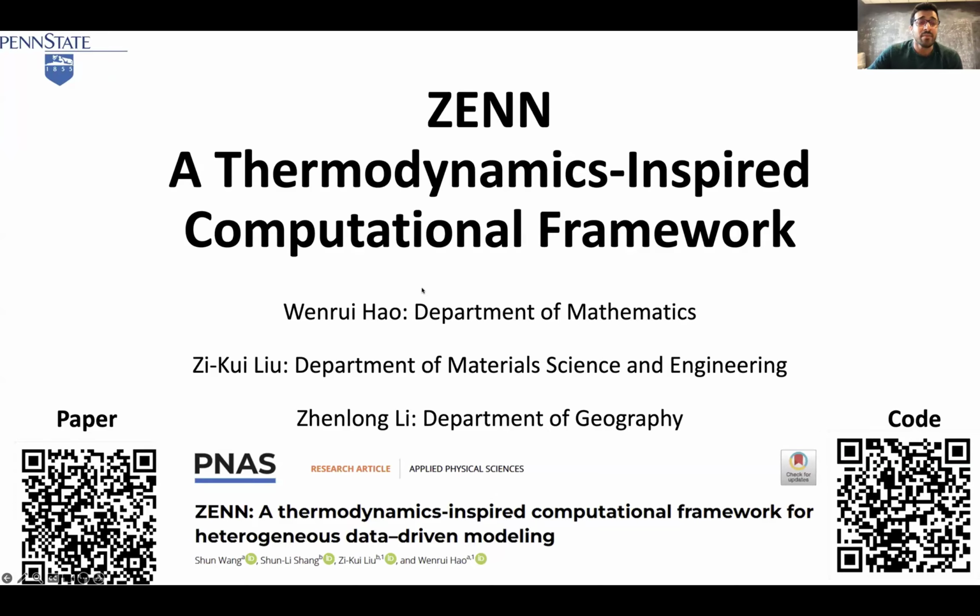All right. Moving to the next talk, we have 3 speakers presenting the work ZENN, a thermodynamics-inspired computational framework, presented by Professor Wenrui Hao, Zikui Liu, and Zhenlong Li. Professor Hao is a professor of mathematics at Penn State and director of the Center for Mathematical Biology. His research focuses on computational modeling, scientific computing, and machine learning for complex biological and biomedical systems.